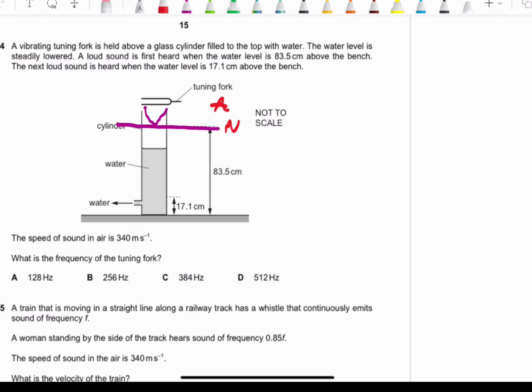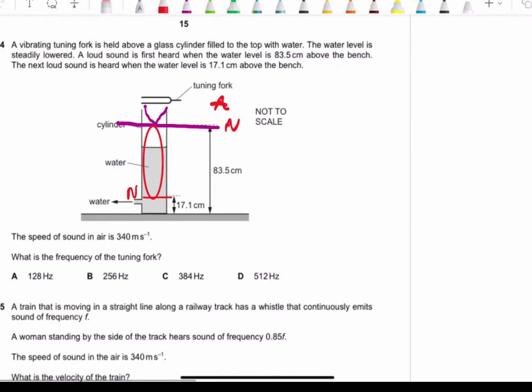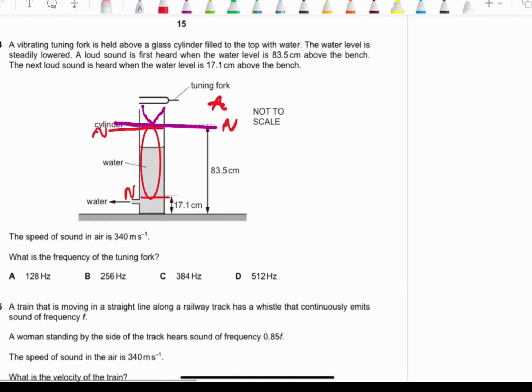The next loud sound is heard when the water level is at 17.1. So it'll be again something like this, where you're going to hear the next loud sound at this point. But get this, this is a node and that is a node. So the difference in these two heights is the distance from a node to the next node.